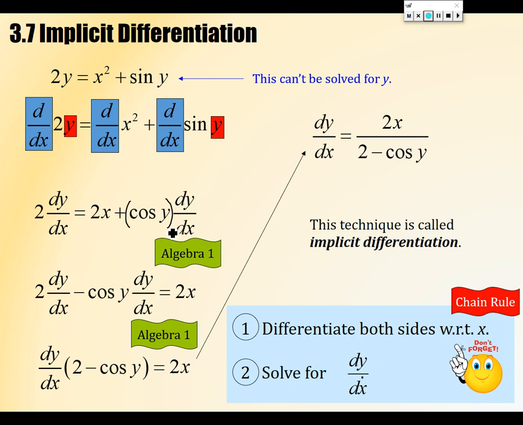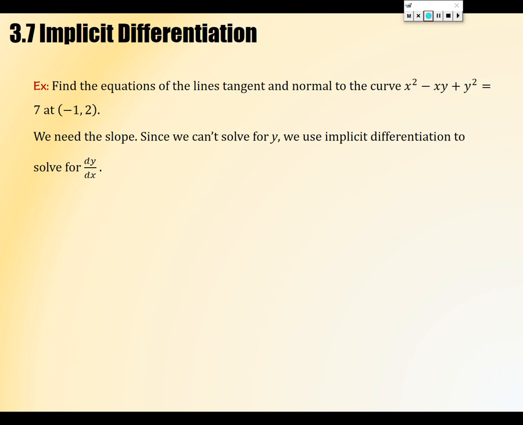Let's make these things very clear. Sorry, this is the question. This is like the first part of the answer up here, I guess. So we have some curve, x squared minus xy plus y squared equals 7. We'd like to find the equations of the tangent and normal lines to this graph at that specified point, which I guess is on the curve.